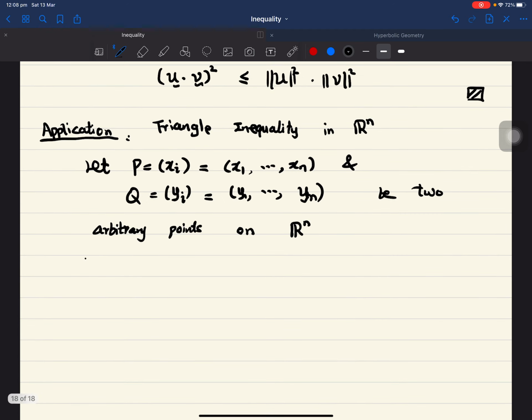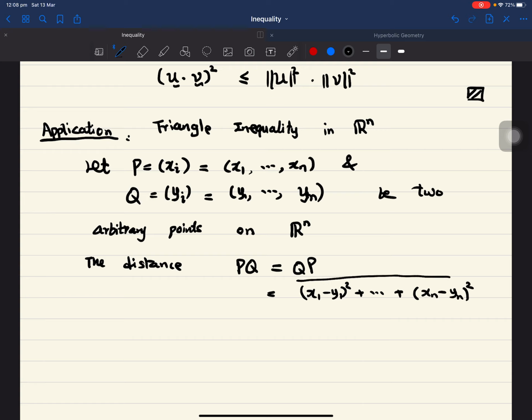Then the distance PQ is equal to QP, which is equal to the square root of x1 minus y1 squared plus xn minus yn squared, which is the square root of the sum of xi minus yi squared.